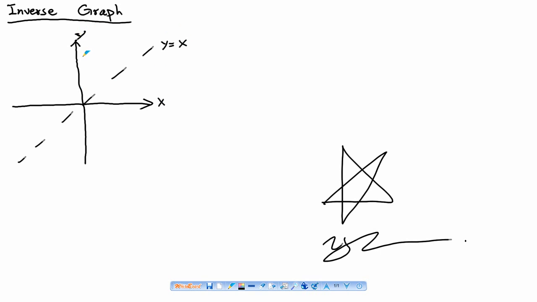For instance, if I want to find the inverse graph of this circle, the circle is our original graph. To find the inverse graph, I need to reflect the circle on the line y equals x.